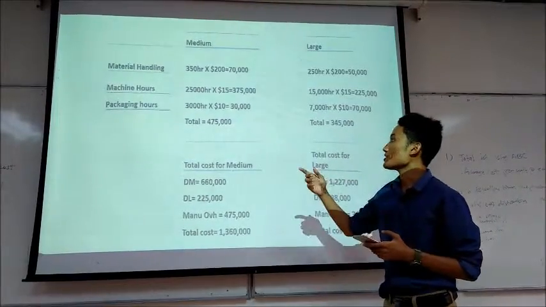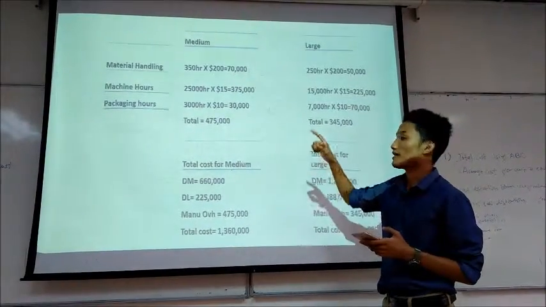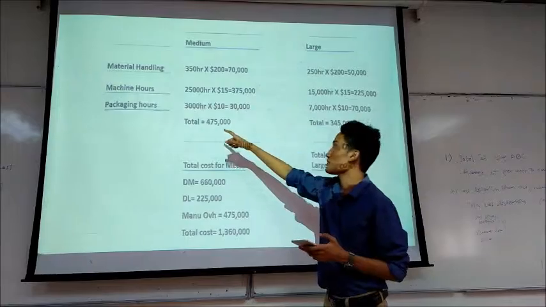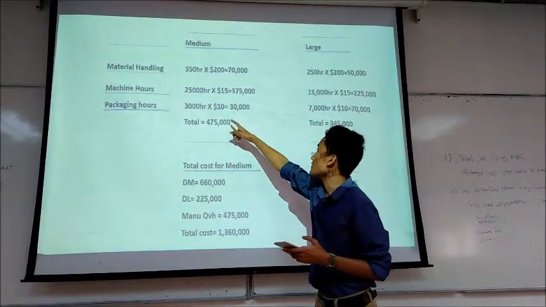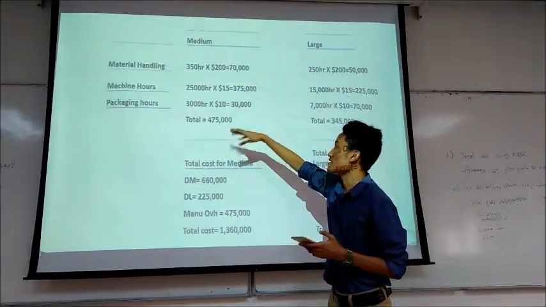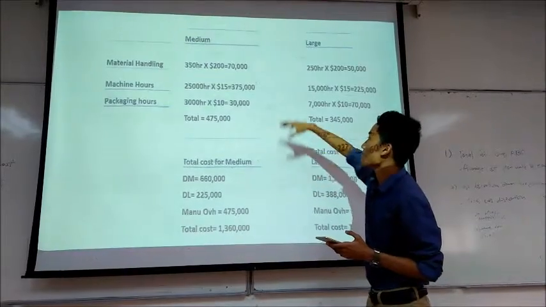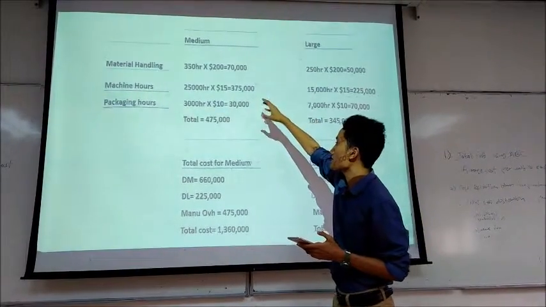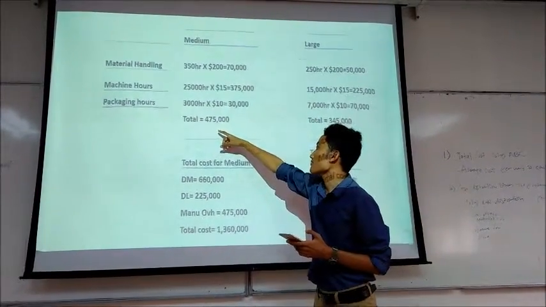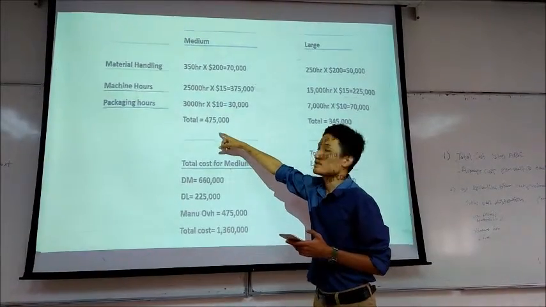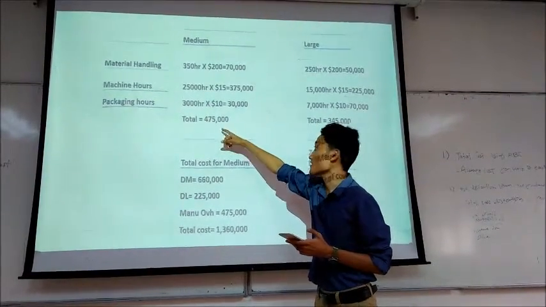And for the packaging hours, you times the activity levels, 3,000 hours with the rate $10, and you get 30,000. And then you add up all of this, and then you get the total 475,000.